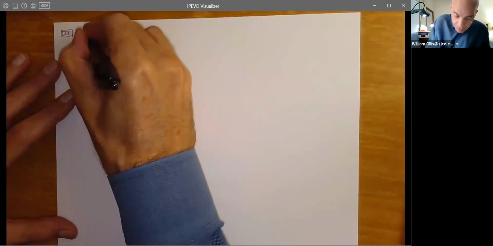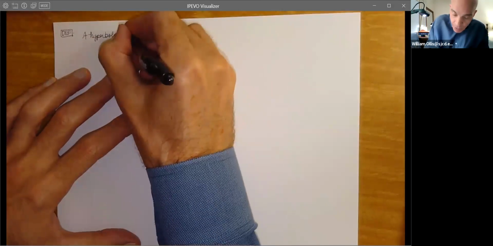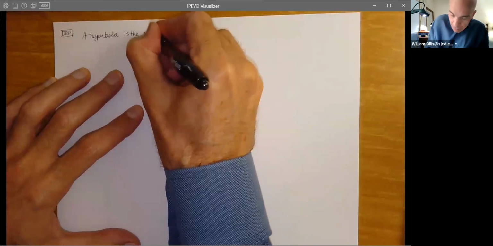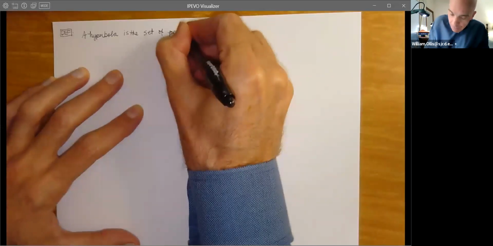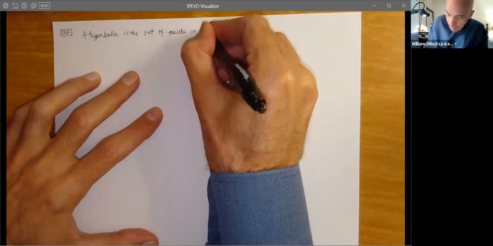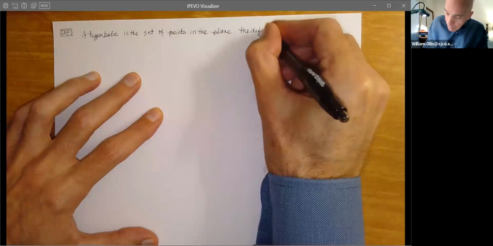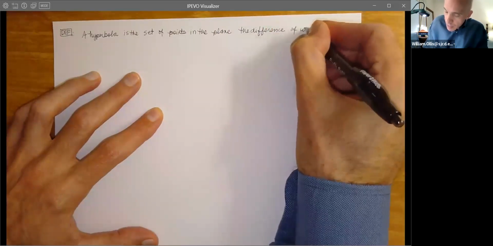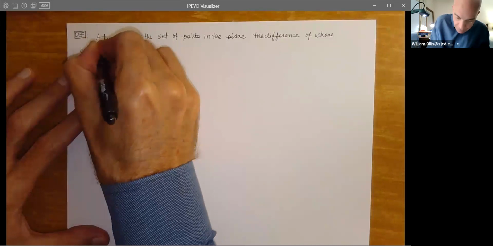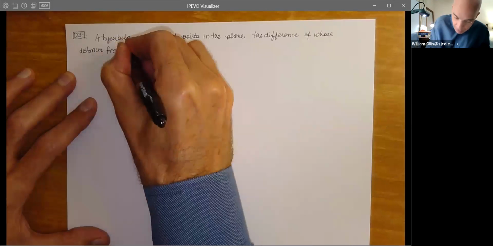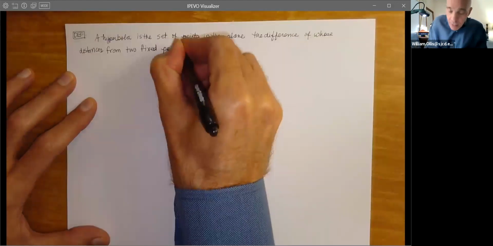So we'll have: a hyperbola is the set of points in the plane, the difference, instead of the sum, the difference of whose distances from two fixed points is a positive constant.